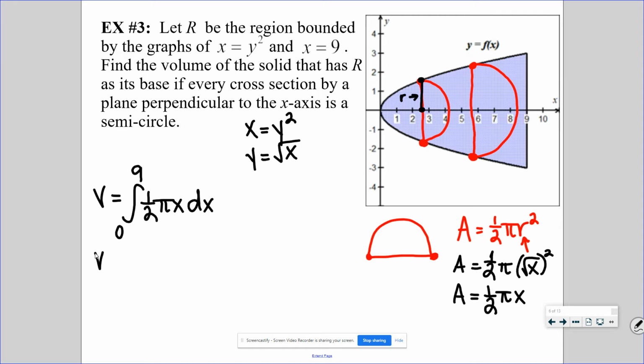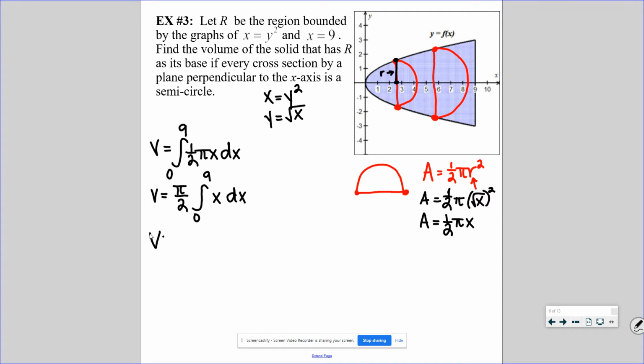Okay, 1/2 and pi are both constants. So I think I'm going to put them together and move that out of the antiderivative. That way I can just do the antiderivative of x. It's a little simpler that way. So the antiderivative of x would be 1/2 x squared. And this is being evaluated from 0 to 9.